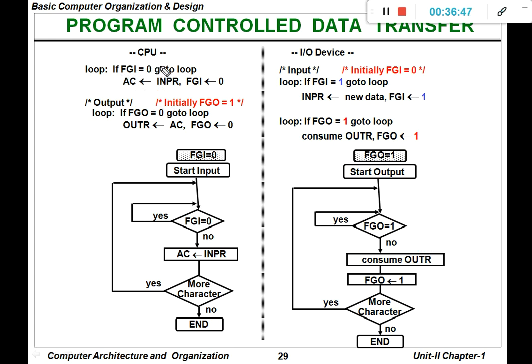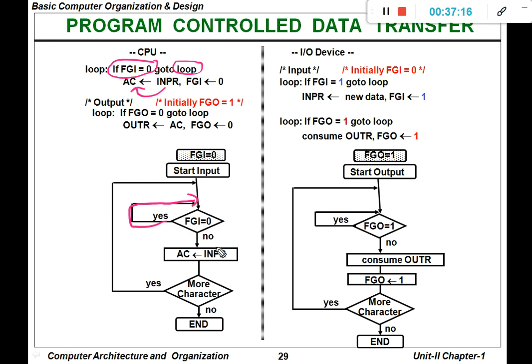So if the input flag is 1, FGI is equal to 1, then the INPR content will be moved to the accumulator register. If the input flag is equal to 0, then go to loop. Go to loop means nothing is actually moved.